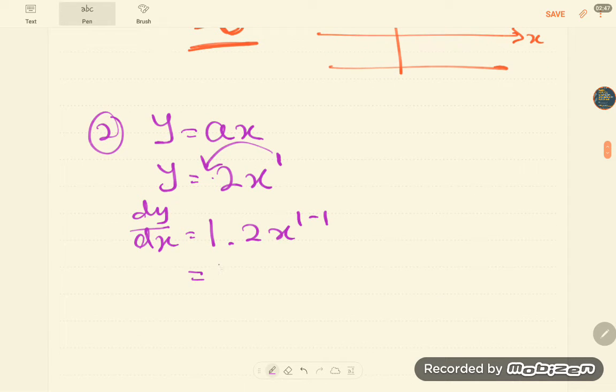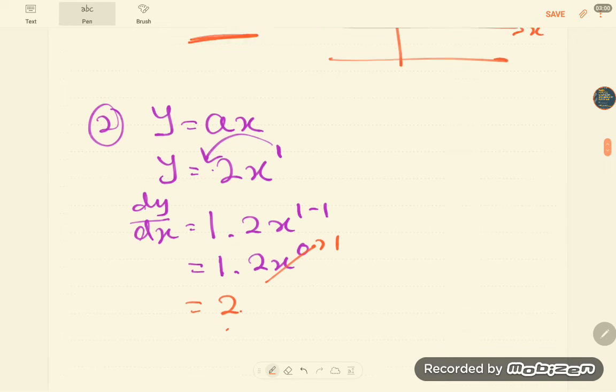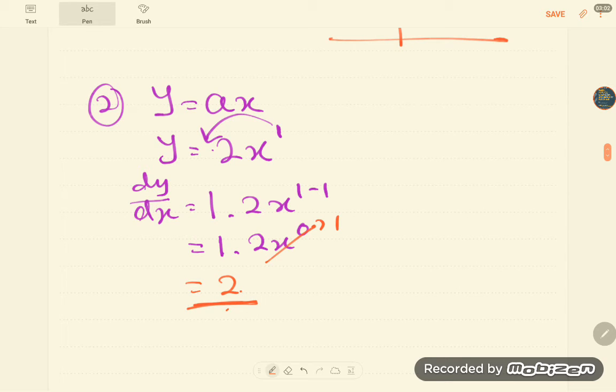This will then give us the 1, which will always be there, times 2x to the power 0. Now we know that x to the power 0 will always give us a 1. So the answer is going to be equal to 2. So for this case, if you notice, the answer is always going to be equal to the coefficient of x.